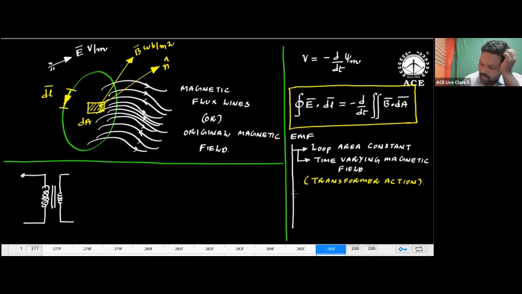In how many other ways can you induce it here? Magnetic field constant, beta, but loop area changing.